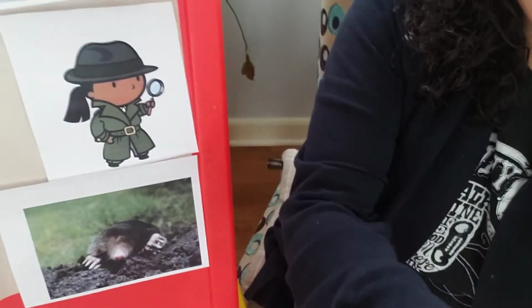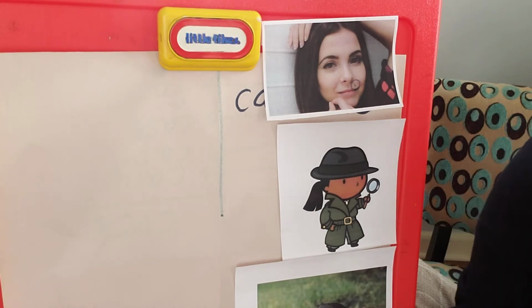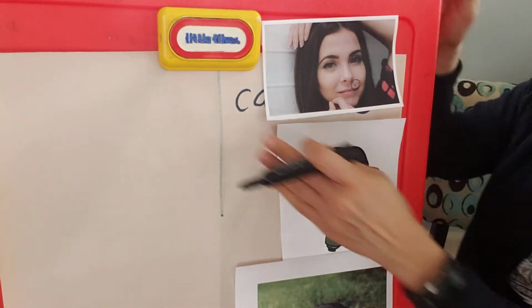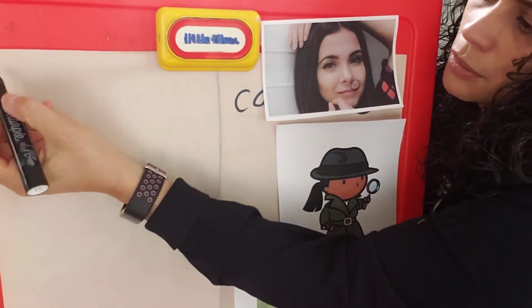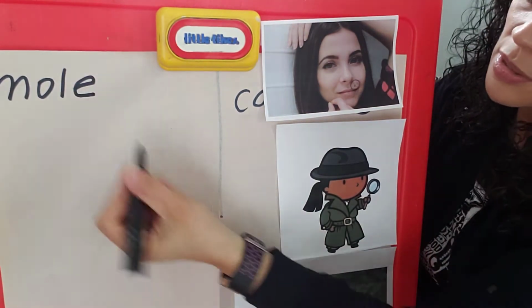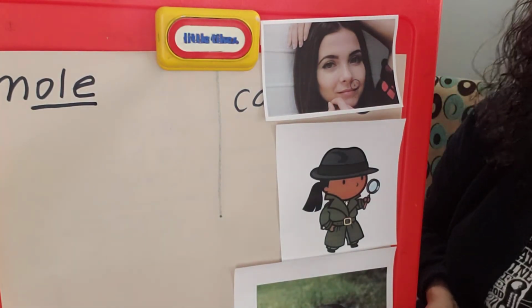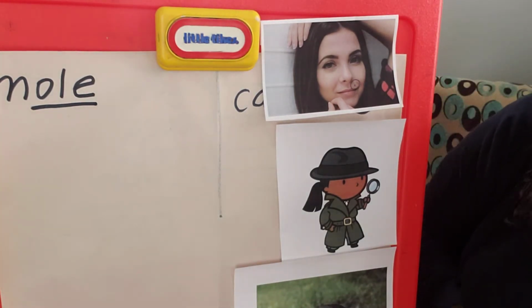So now what I'm going to do is move you over here. And we're going to talk about the word mole, and since we know the OLE pattern, we're going to use that to make some other words that we might know.